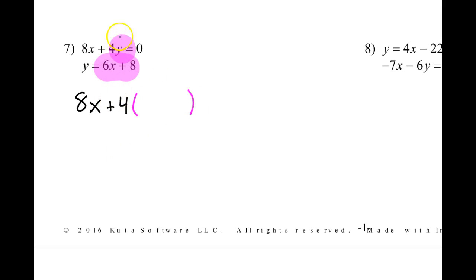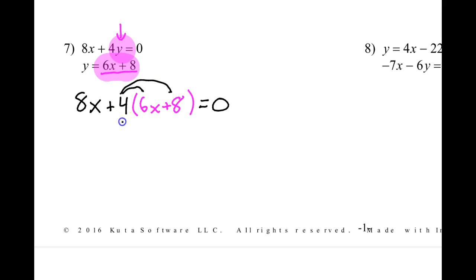That means we're going to take out the y here, sub that out, and sub in 6x plus, and it still equals 0. Now this looks just like number 1, right? Just something with parentheses. That's why we started on number 1, 2, 3, 4. It's just practice for this.